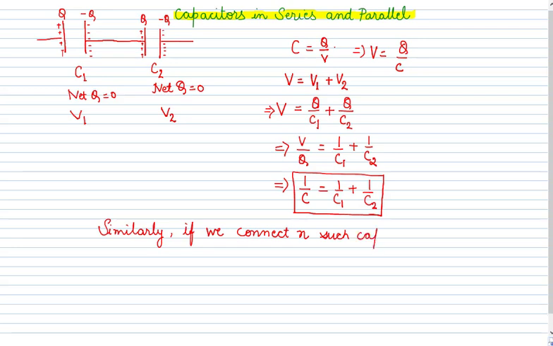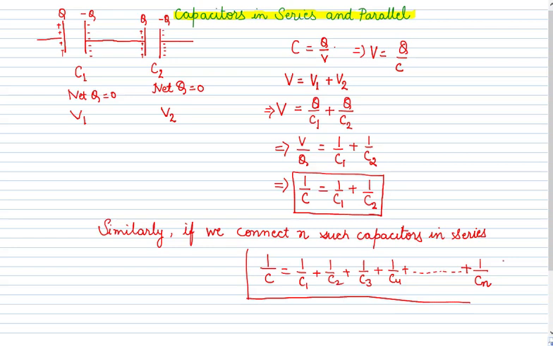If we connect n such capacitors in series, and such capacitors that I have drawn above, so we are taking n similar capacitors in series, then we will be generalizing this term. 1 upon C is equal to 1 upon C1 plus 1 upon C2 plus 1 upon C3 plus 1 upon C4, plus we may continue this up to the capacitance of the nth capacitor, 1 upon Cn.